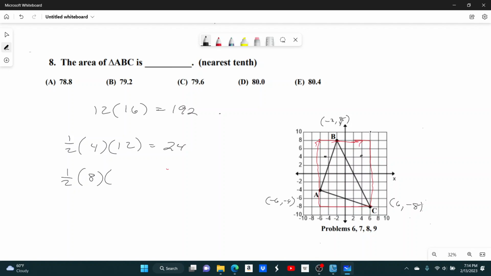And then the height from 8 to -8, that's 16. So that's an area of 64. And then for this bottom triangle, from -6 to 6, that's a base of 12, and then we'll have a height of 4. So that right there, that's going to be 24 as well. So adding all these together, 24 plus 24, that's 48, plus 64 is 112.